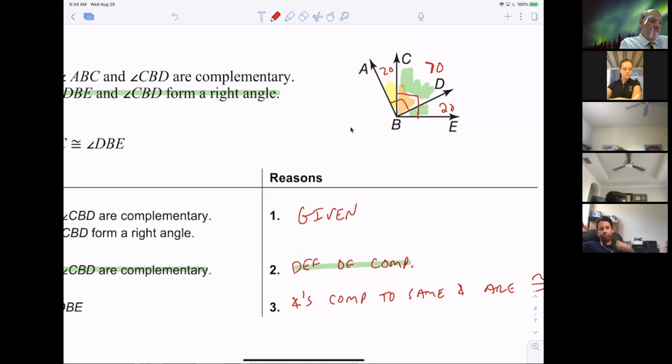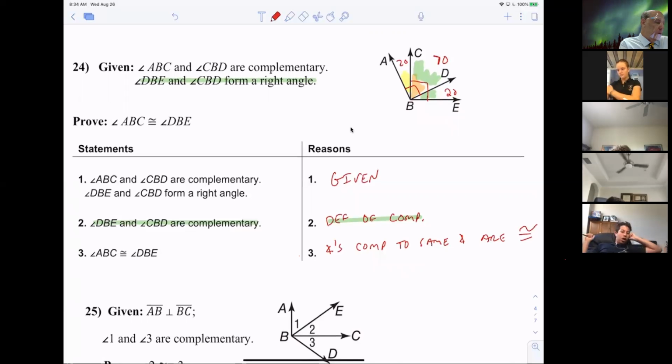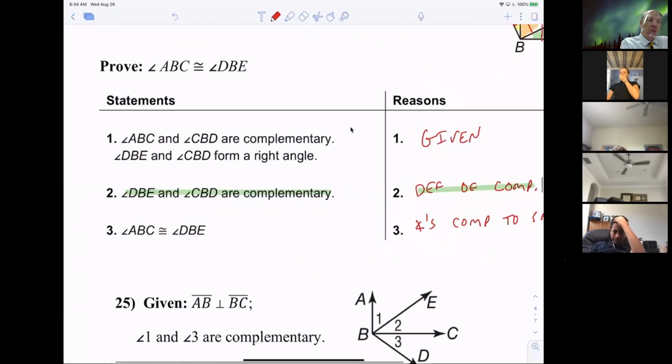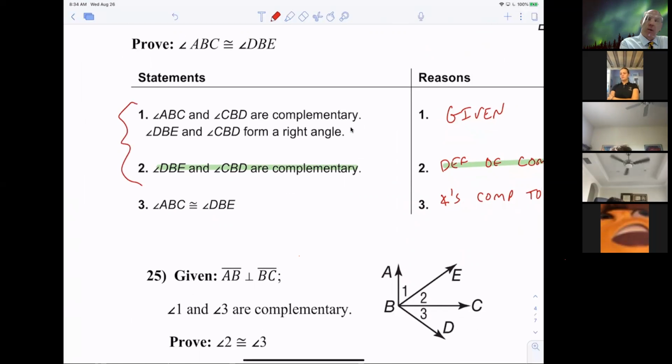But we're not substituting. There's nothing that says they're congruent. You see what I'm saying, right? I'm not replacing anything; nothing up there talks about congruence. So my question is, what are you replacing?